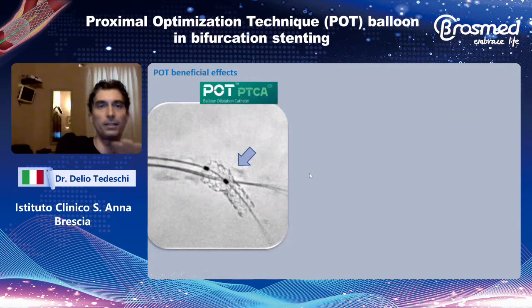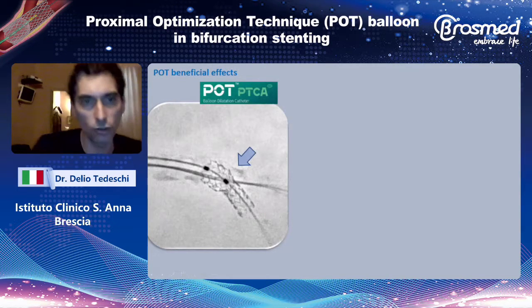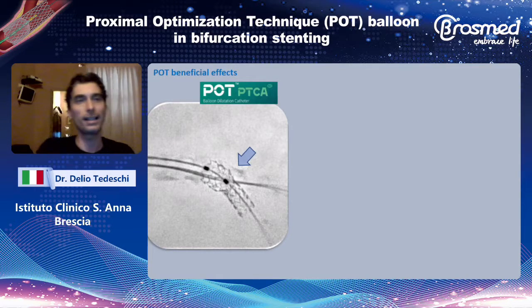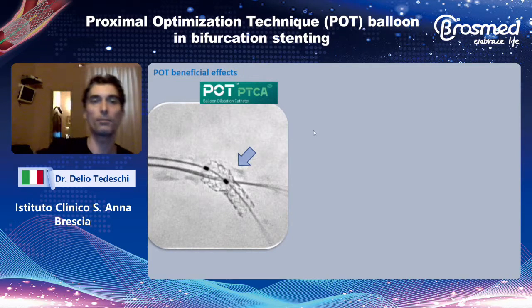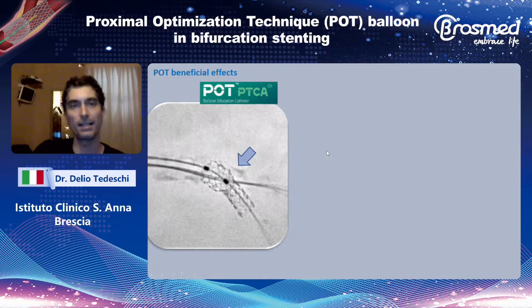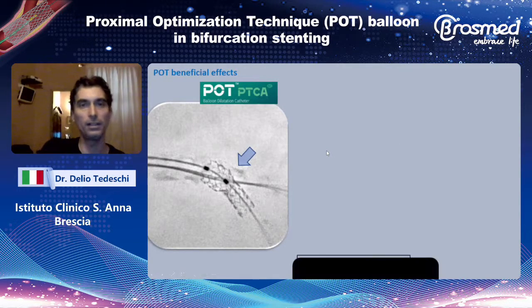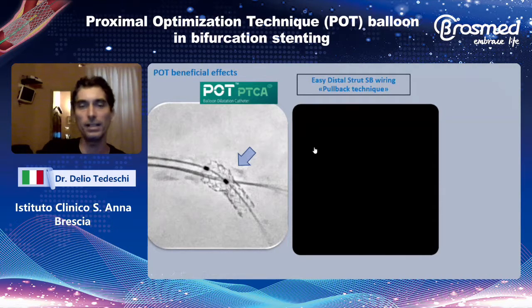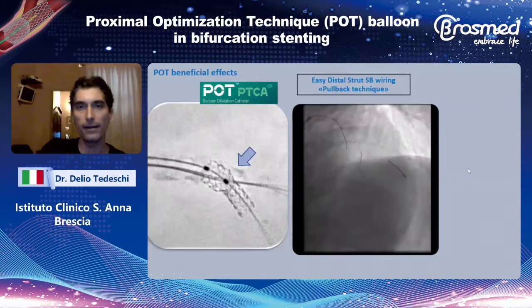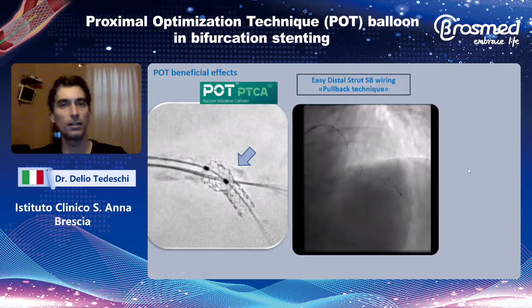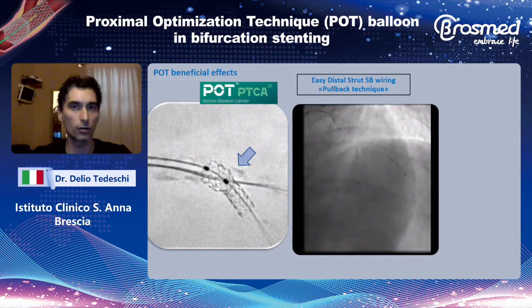After that, I show you some beneficial effects in terms of the technical steps of the procedure. The first is the very easy rewiring using a normal workhorse wire with the pulling back technique.